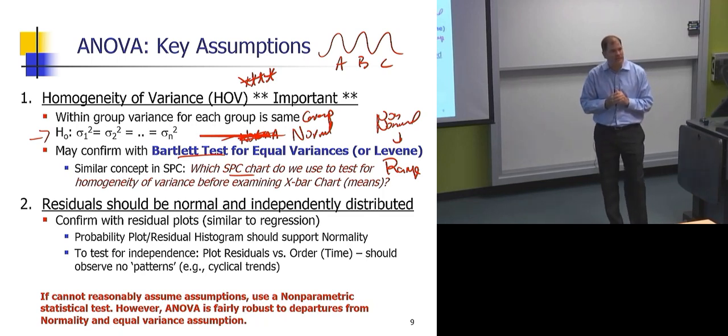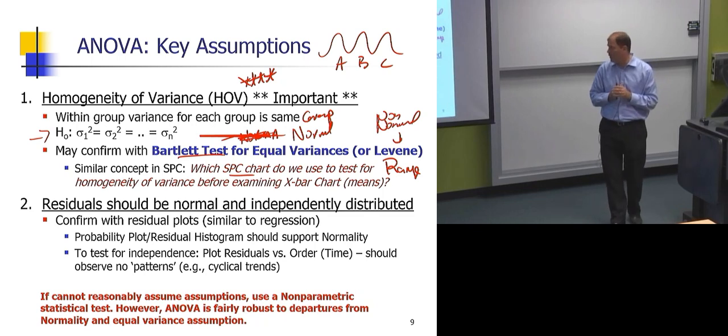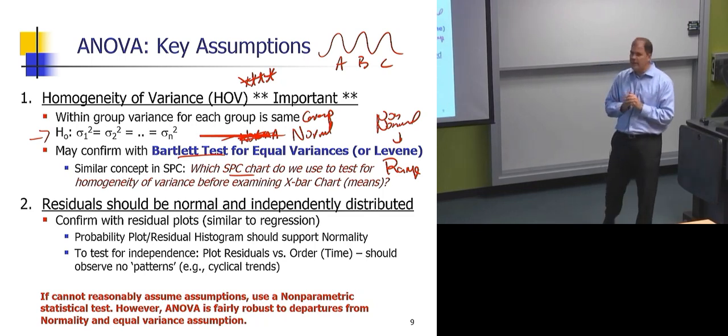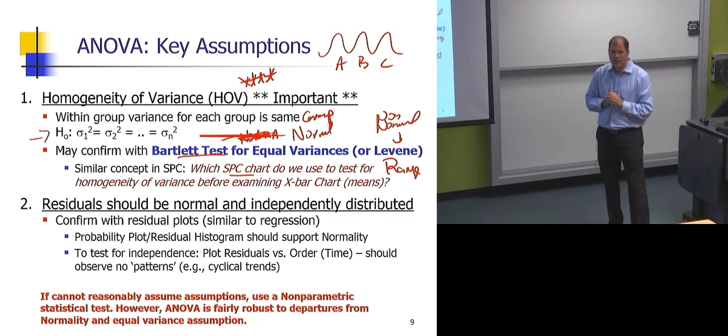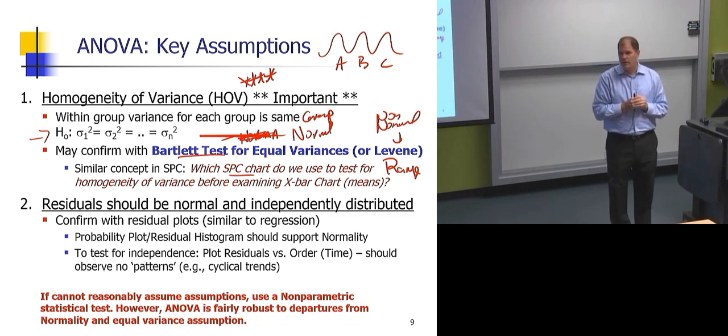All right, the second big assumption is that the residuals are normal and independently distributed. Now, you may think about graphs A, B, and C that I drew up there. Once I account for the differences in the means, the residual is what's left over in the fitted value.